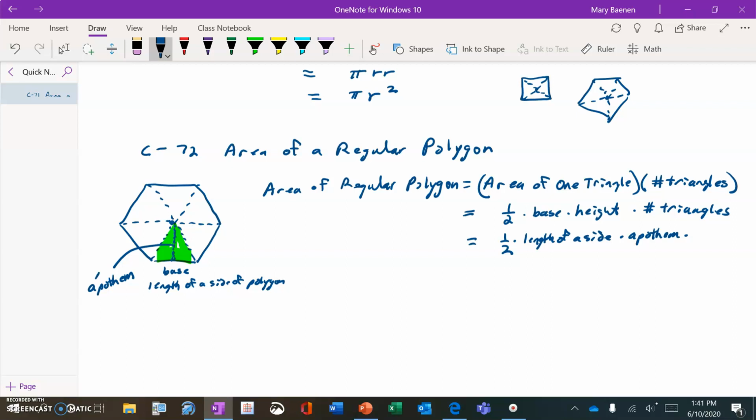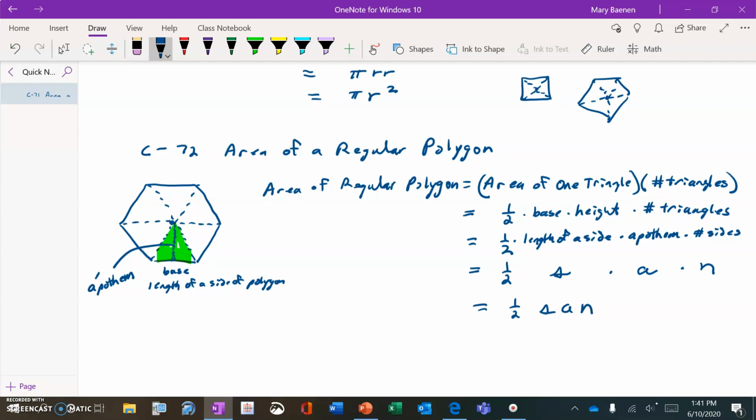So this is actually going to be the number of sides. Okay, so now this is 1/2. The length of a side we abbreviate with an S. The apothem is an A, and the number of sides is N. So the formula for the area of a regular polygon is 1/2 SAN.